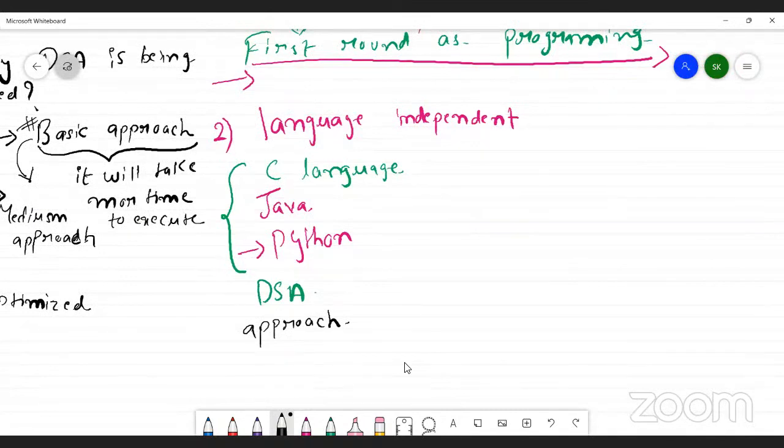What you are thinking, how you're going to solve this problem, and how you're going to proceed. Any language is fine. Any language you know and are good at, you can implement your DSA approach in it. So this makes it a very efficient thing, which is why it is asked in interviews so frequently. Clear, everyone?